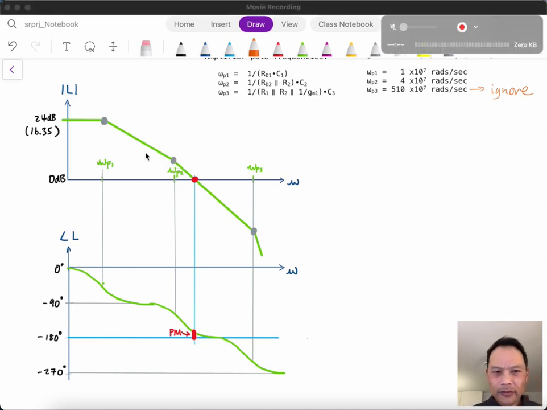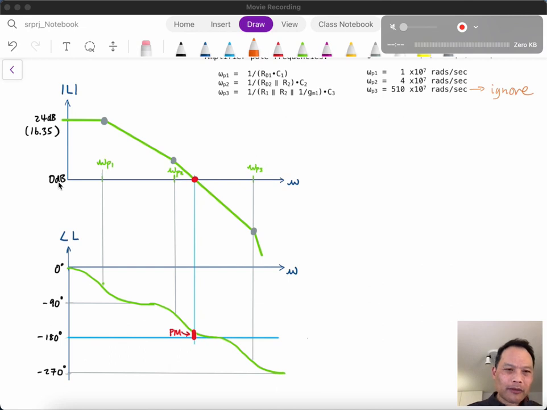So we know this first pole gives us a first order drop off. If this is a gain of 16, and it's only a factor of 4 down, then the gain here would be about 4, which would be about 12 dB, certainly above 0.